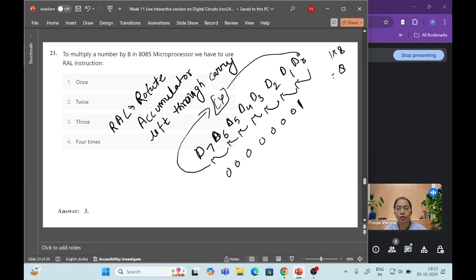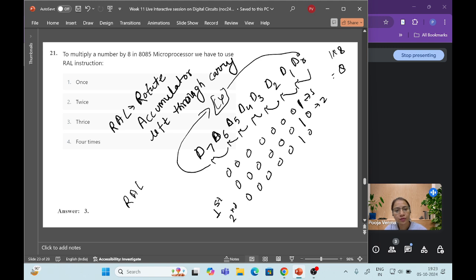Rotating once, I write 0 0 0 0 0 0 1 0, which is 2. Rotating a second time, 0 0 0 0 0 1 0 0, which is 4.